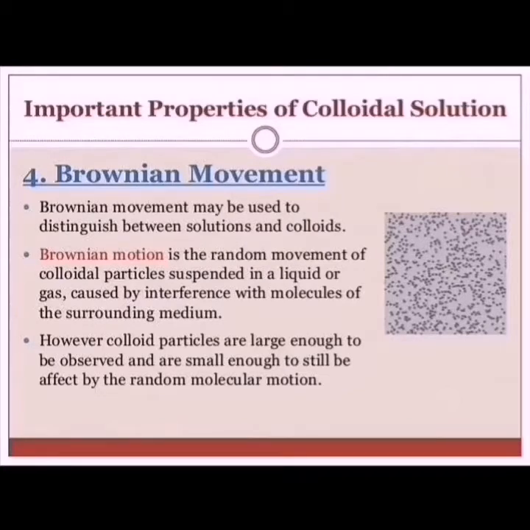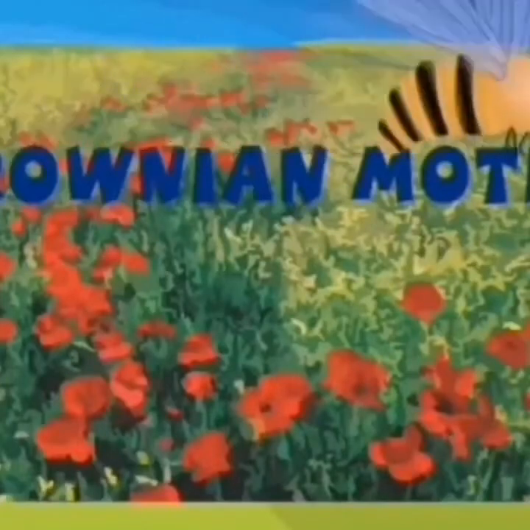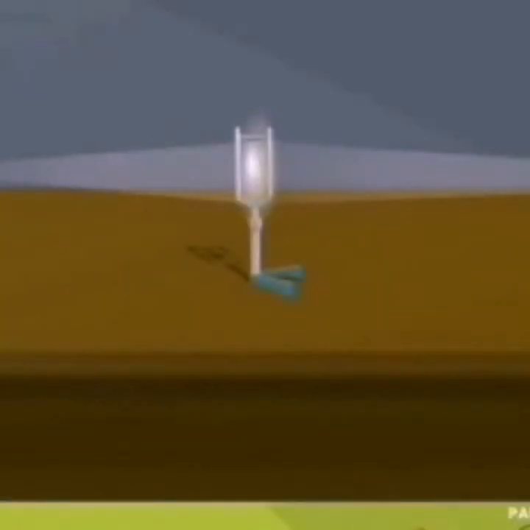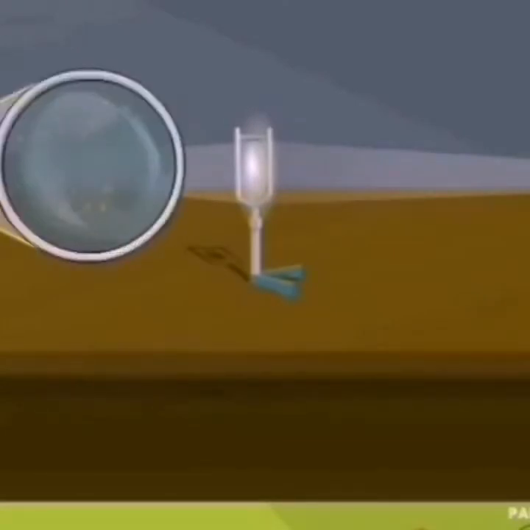The Brownian movement of the particles is due to the unbalanced bombardment of the particles by the molecules of the dispersion medium. The first evidence that matter consists of tiny particles in motion was given by the English botanist Robert Brown. When Robert Brown was studying pollen grains suspended in a liquid using a microscope, he discovered that the pollen grains were dancing to and fro in a random manner.